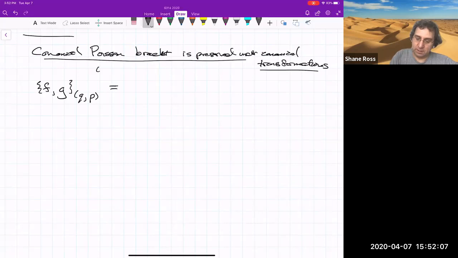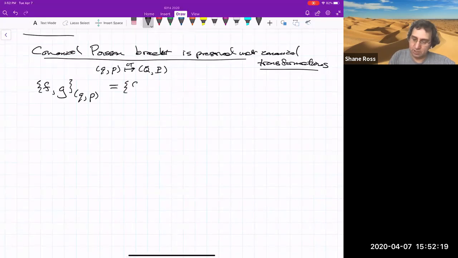Well, suppose you had done a canonical transformation to big Q and P, some other set of variables. Well, it doesn't change the value that you get from the Poisson bracket. You would calculate the same thing. So that's just a statement of this underlined statement above. The canonical Poisson bracket is preserved under canonical transformations.